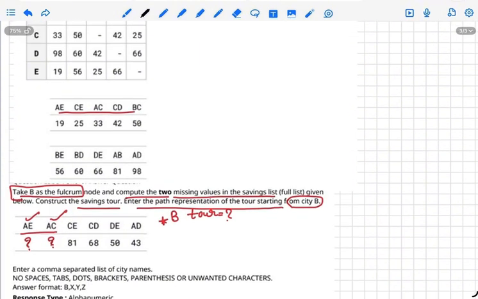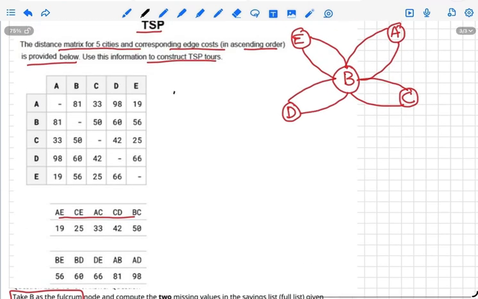To calculate AE and AC, right? AE and AC distances. So how do we find the distance from A to E?